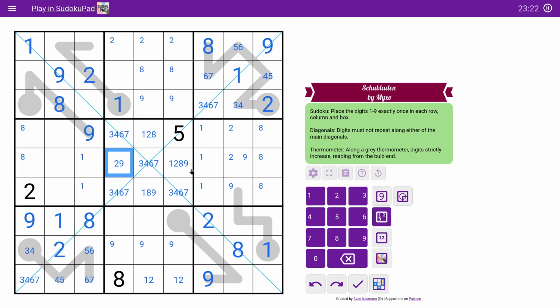I think we've penciled and marked in all of the 1, 2, 8s, and 9s. So we're at least relieved of thinking about them for now.